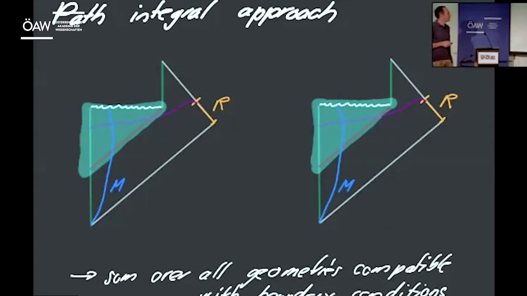And the way people now calculate that, so we don't have a theory of quantum gravity, and you can ask, how do people do calculations now? They go into a certain semi-classical picture where they assume that the radiation is described by a quantum field theory, and the geometry of the black hole is assumed to be still a classical geometry, but, like in the Feynman path integral, you sum over all possible geometries that are there.